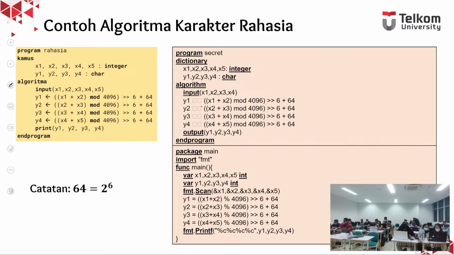Okay. And this is the translation in the programming language. And this is the visual operations, and maybe you see here that if you want to print it as a character, we need to specify the data type by typing %C. It means that we will print it as a character.